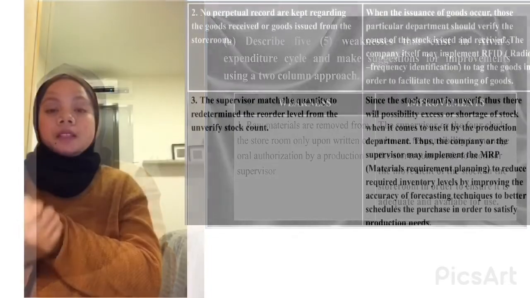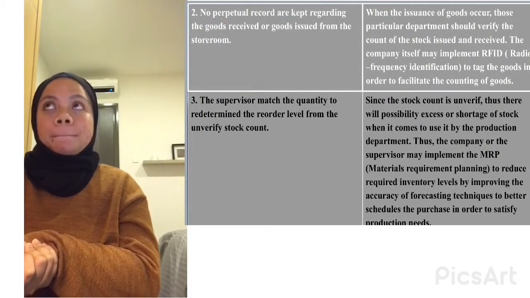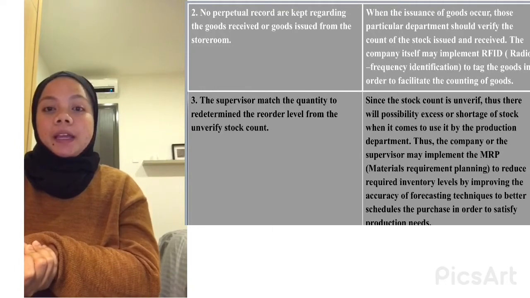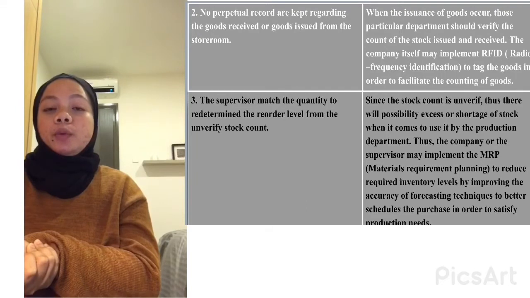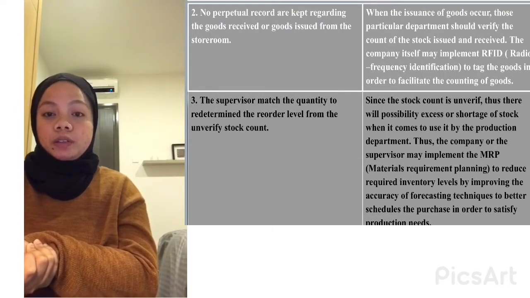The second weakness in Alvin's expenditure cycle is that there were no perpetual reports kept regarding the goods received or goods issued from the storeroom.